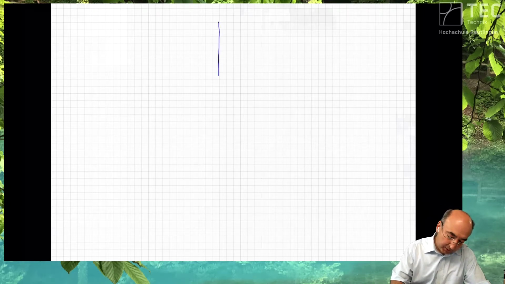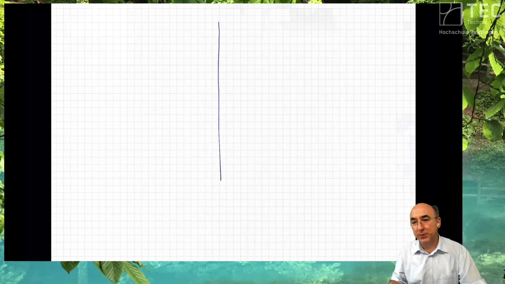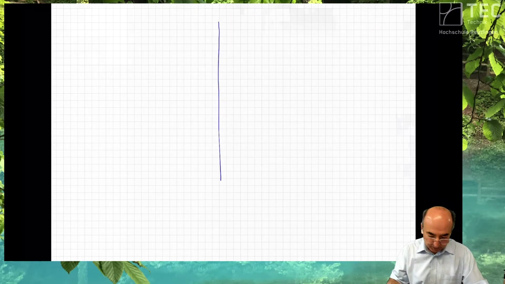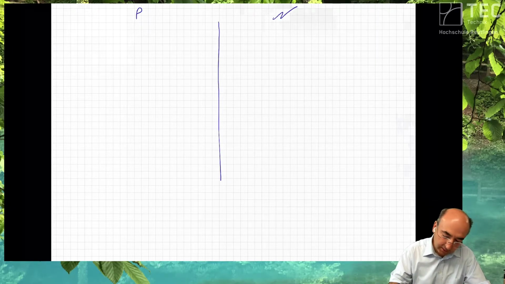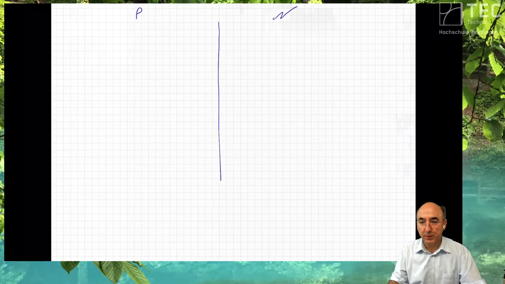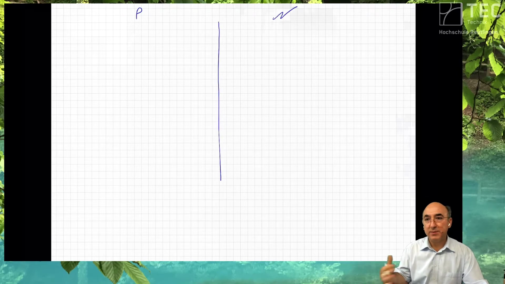The important point is first, where is the interface? Let's say this is the P type and this is the N type. Second, we have said that we have an abrupt junction.